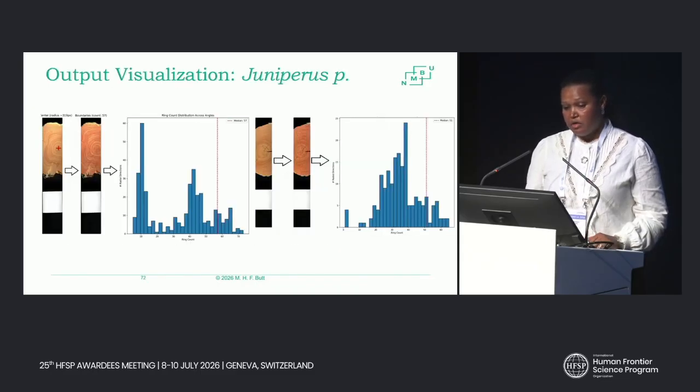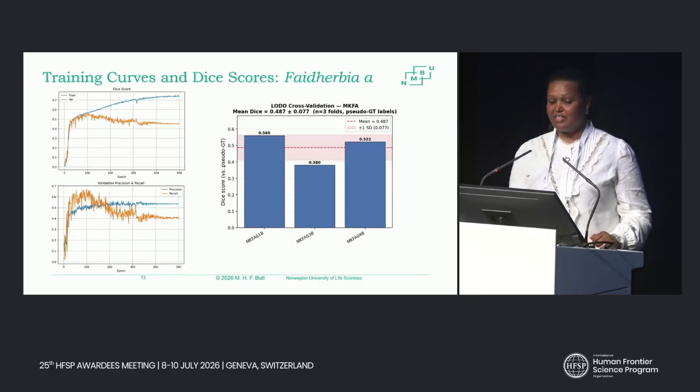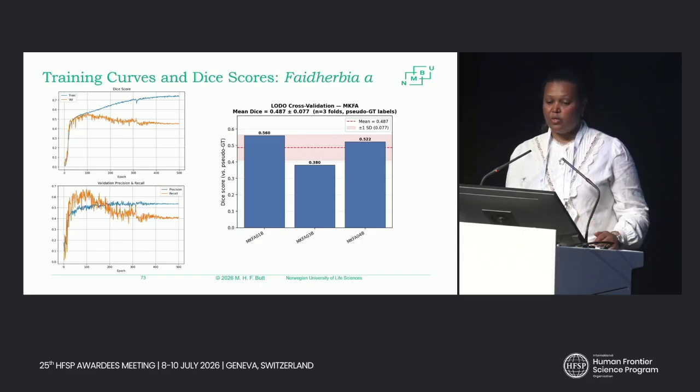Yeah, this is the output visualization for Juniperus, and this is for Faidherbia. We don't have the same results for Faidherbia, but like I said, we are studying the properties of macromolecules like cellulose and lignin, their contents, and then the spectral properties.